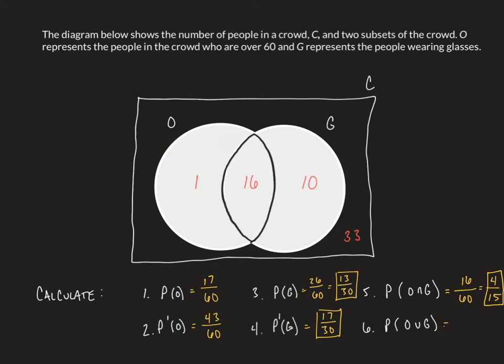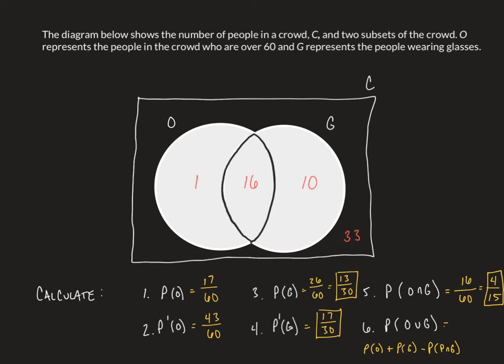All right, but let's prove why that is, just because we want to get in the habit of using that union formula. So that's going to be the probability of O plus the probability of G minus the intersection. And we know those numbers, right? So the probability that somebody is over 60 is 17/60ths plus 26/60ths.